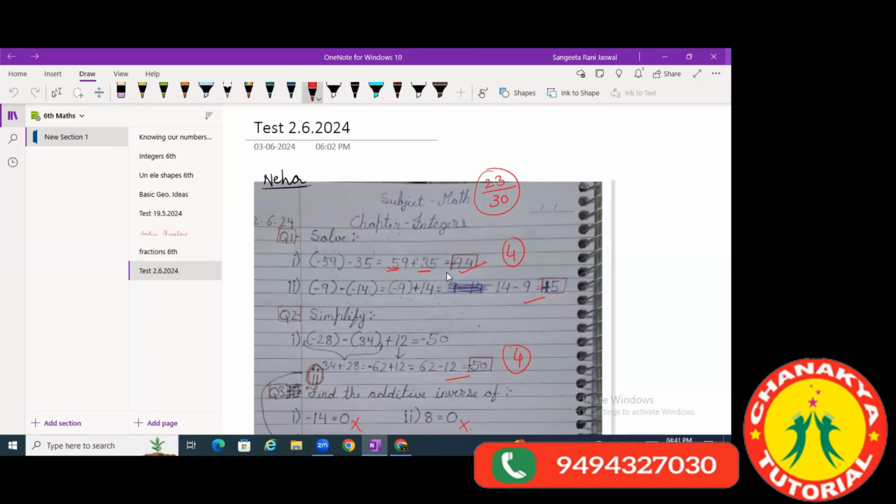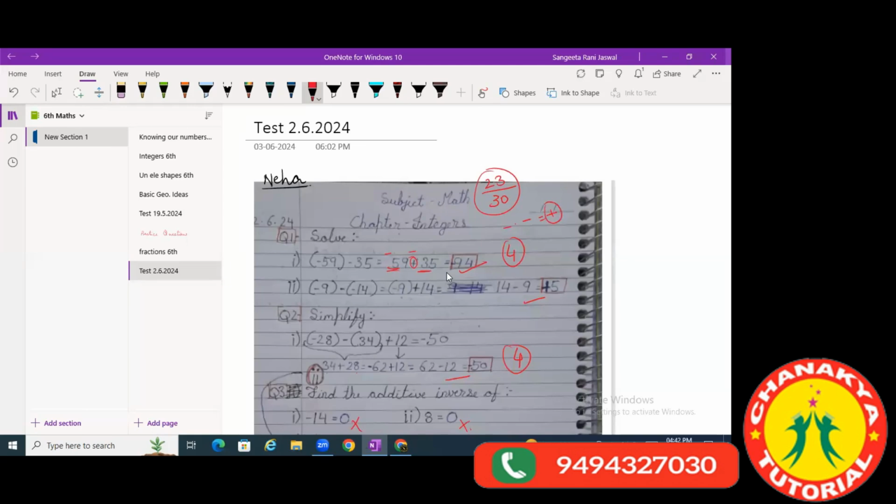In our mind, we know that minus into minus is plus, so the operation we have to do is plus. So we are adding. That's correct on your part. I've given you full marks here, but you have to keep these minus signs.